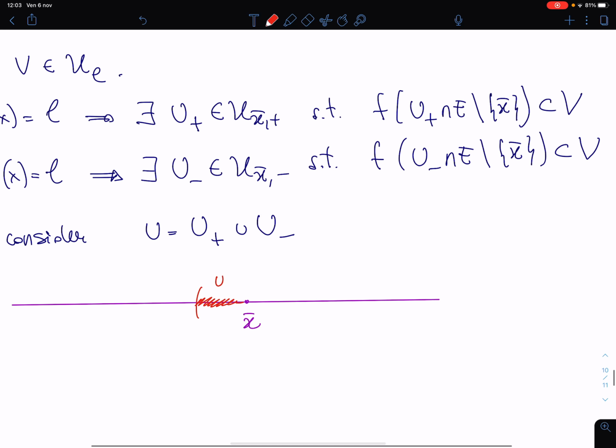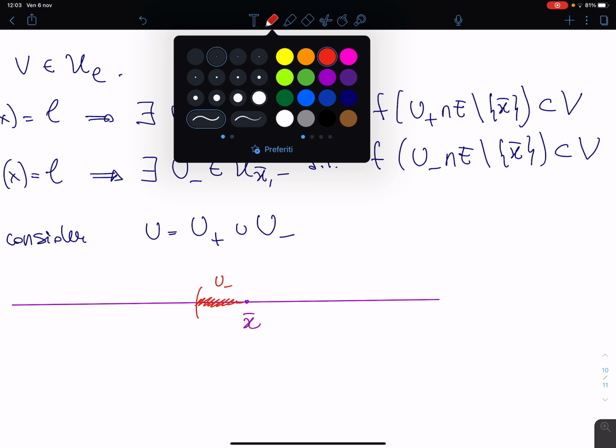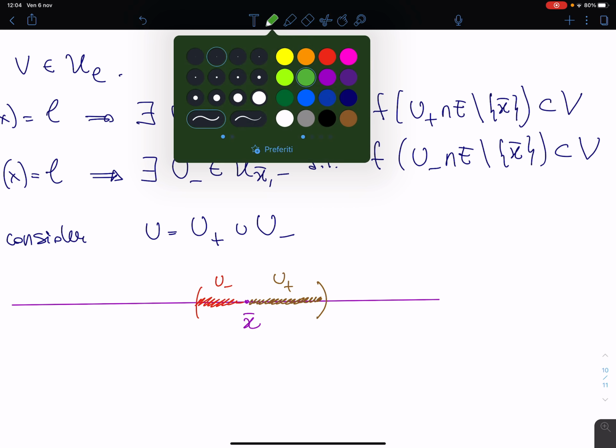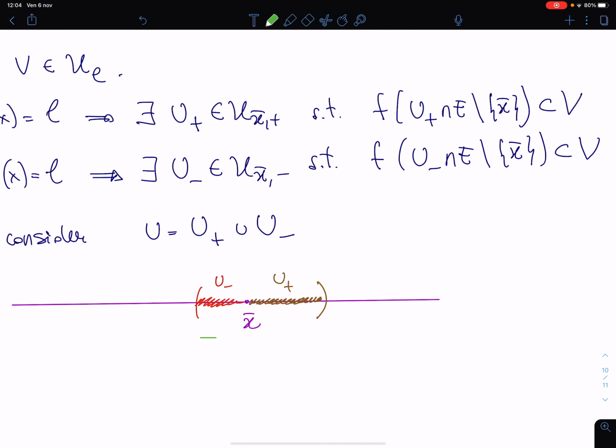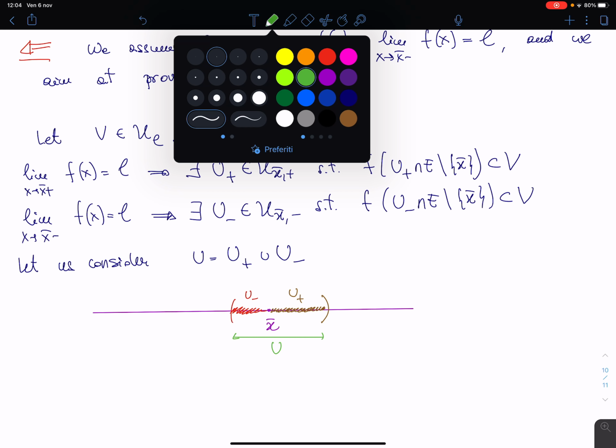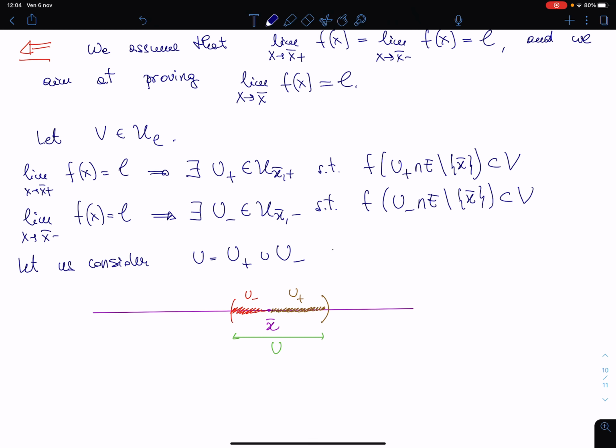Here is U minus. The brown neighborhood here is U plus. When I consider them together by making the union, this is U, and of course U is a full neighborhood of x bar. So this is a U x bar.